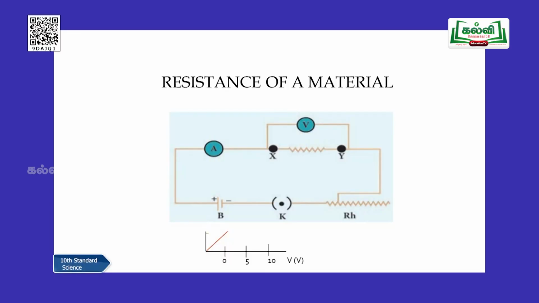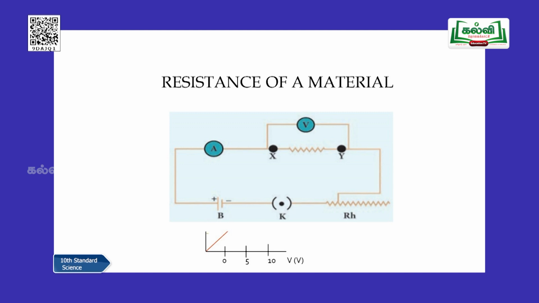But we have used here three different materials. One is nichrome, another one is copper, the last one is aluminum. But for all three materials, the value of V by I, that is the resistance value, differs. From this we understand that resistance differs for different materials.